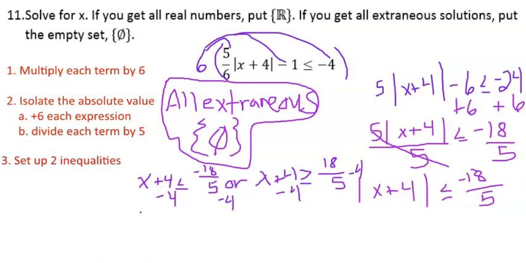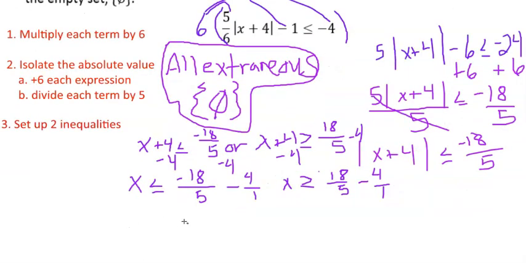We can't subtract the 4 right away, so we have to get a common denominator. Negative 4 is the same thing as negative 4 over 1. So to get a common denominator, we want to multiply the 18 over 5 fraction by the unity fraction 1 over 1.